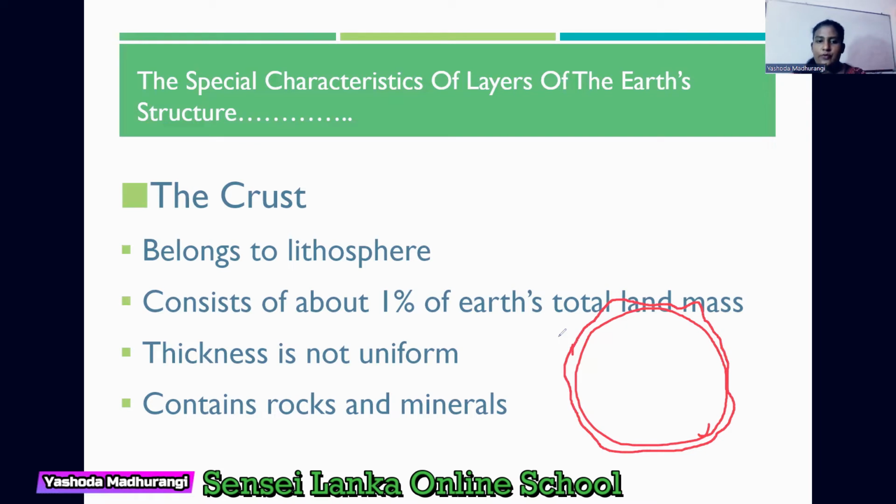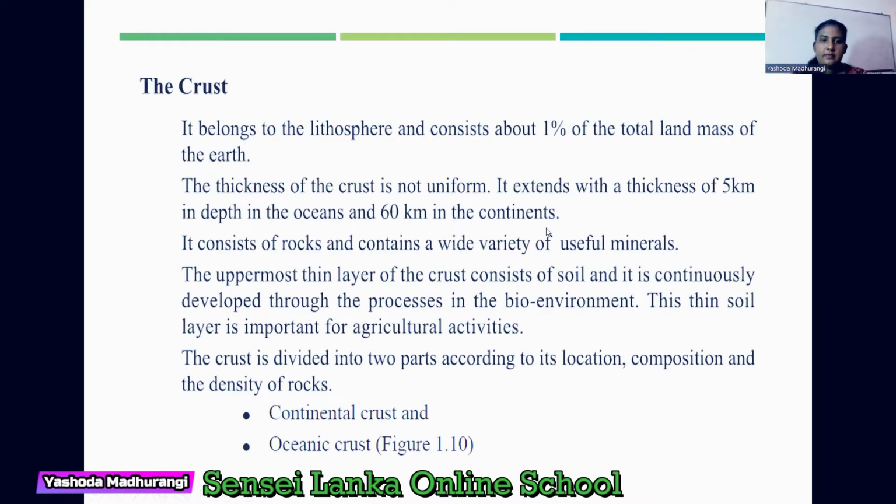The thickness is not similar everywhere, and the crust contains rocks and minerals. So this layer is very important for our economy and our sustainability. We need that. Containing rocks and minerals is another feature of the crust.